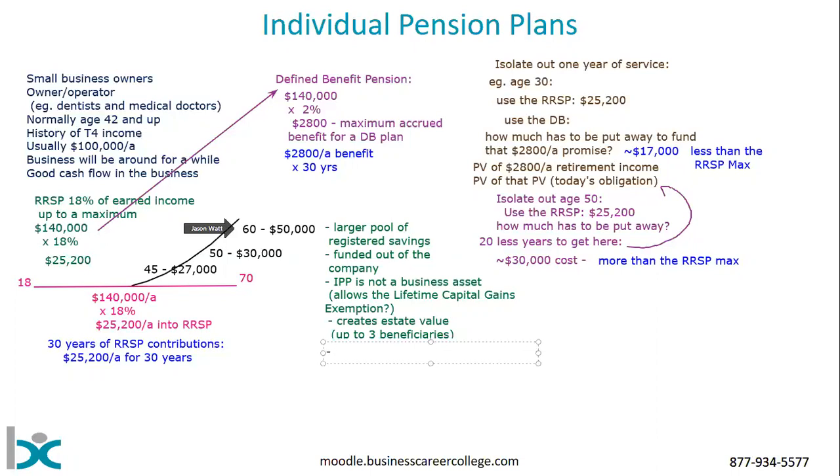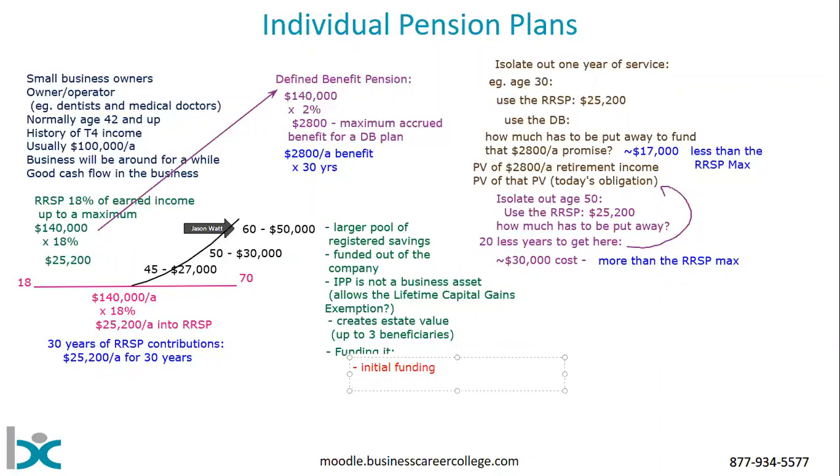Now, what really happens with the IPP? A couple of things that we have to consider, practical considerations. Funding it, that when you start it, you often need an initial funding obligation to be met. And that can be kind of a downside.